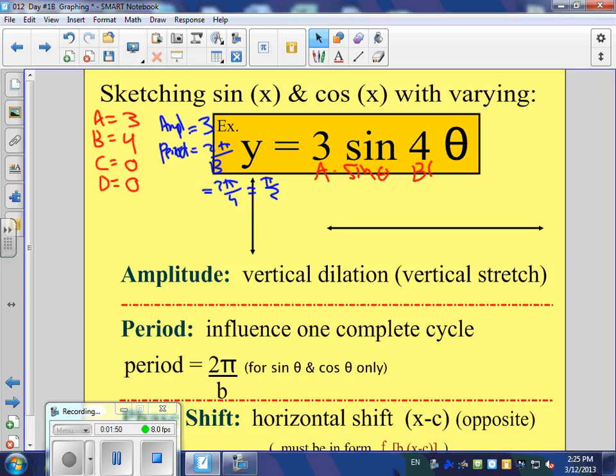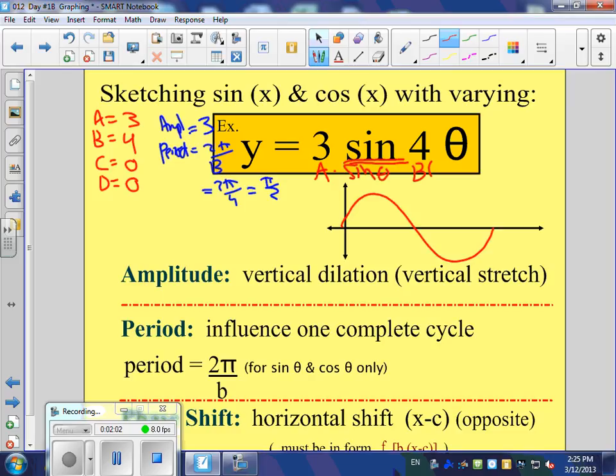Okay, let's sketch this. We'll start by drawing the basic sine curve. Sine of 0 is what? 0. Go up, down. Just draw one cycle like that. Just make a little sketch. How high does it go? 3, right? How low does it go? -3, because there's your amplitude. It goes up to 3, down to -3.